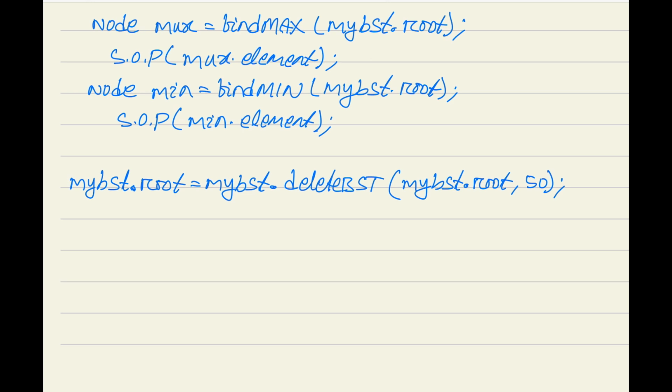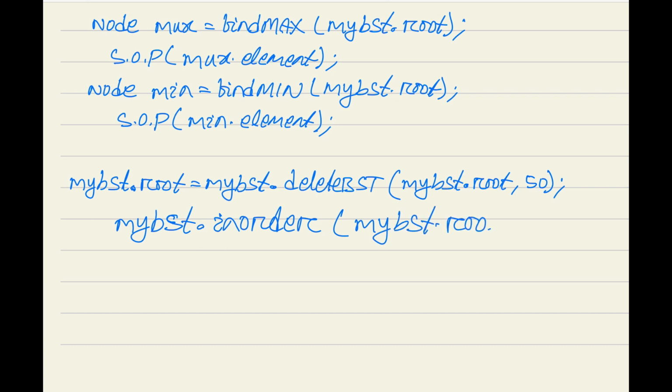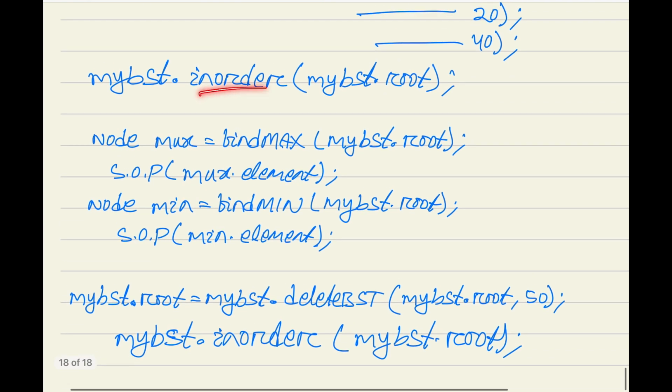Now we can again print the inorder traversal like this. So myBST dot inorder, and here myBST dot root. So if we call the inorder traversal here, you can see the 50 will not be there. Before, in the inorder traversal, 50 will be there.